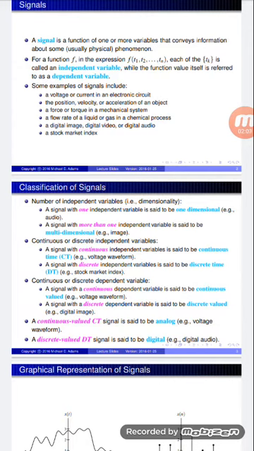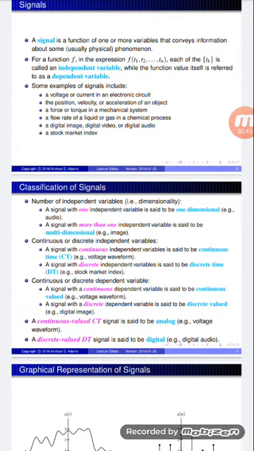Some examples of signals include a voltage or current in an electronic circuit, the position, velocity or acceleration of an object, a force or torque in a mechanical system, a flow rate of liquid or gas in a chemical process, a digital image, digital videos or digital audio, a stock market index.